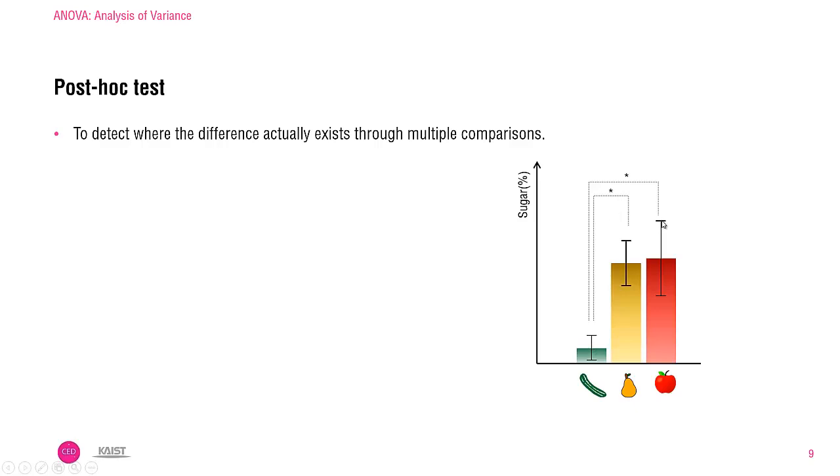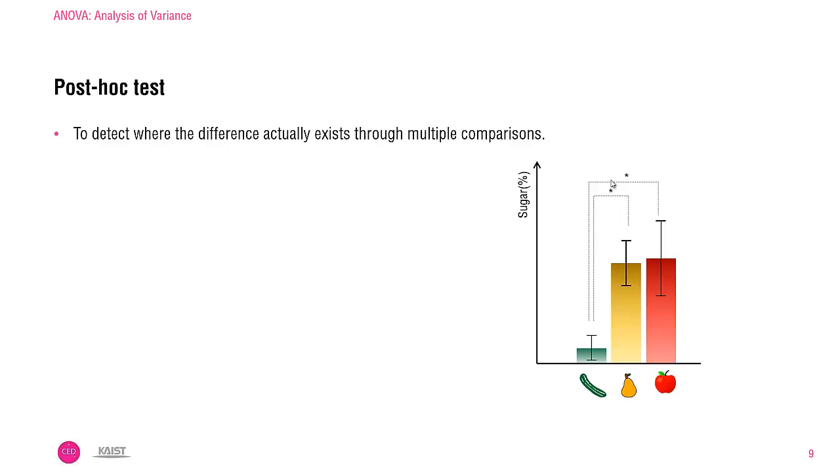So in order to indicate the statistical result of a pairwise comparison, you can use this kind of indicators, and you can put 1 or 2 or 3 asterisk above. So this indicates that between cucumber and apple, there is a mean difference at an alpha level of 0.05, and here as well.